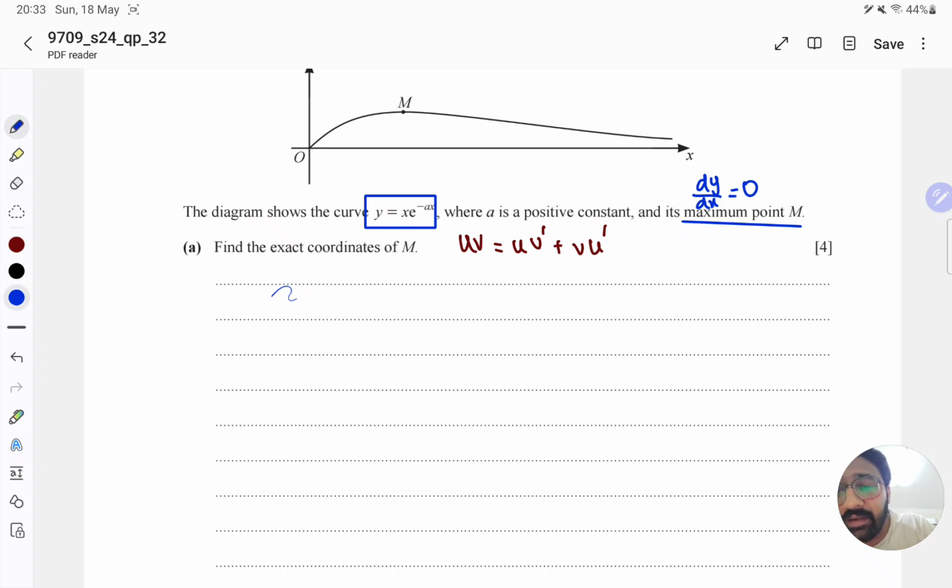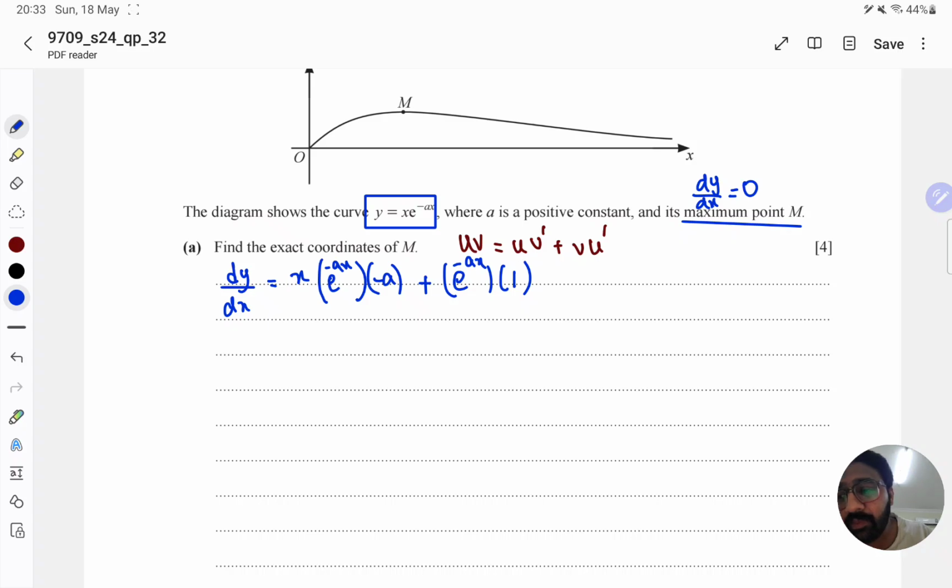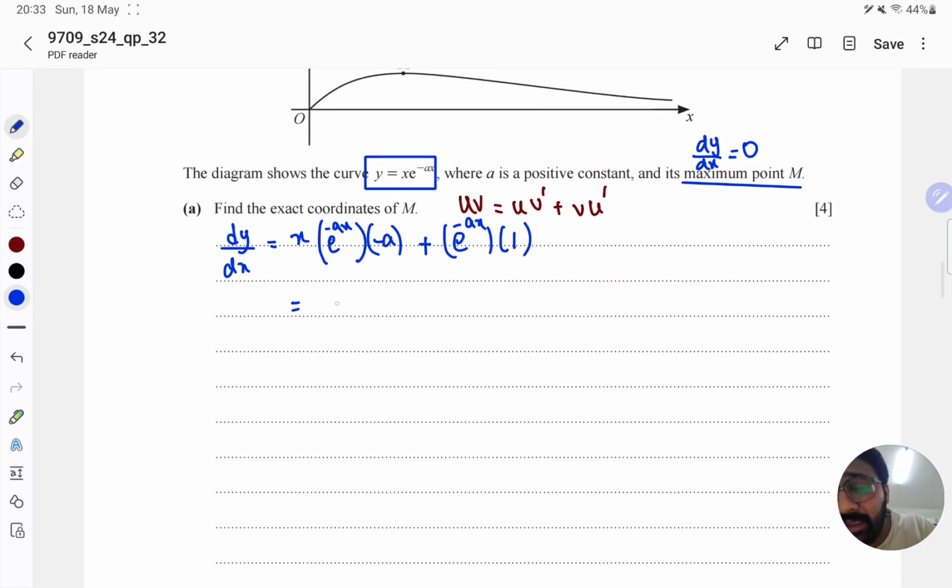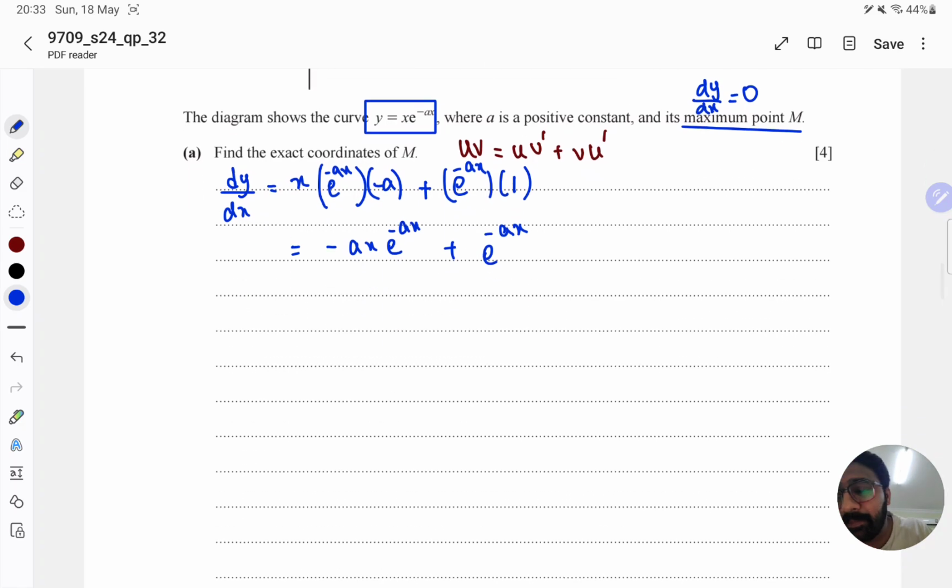So if I find dy by dx for this, it will be u as it is, which means x as it is, into the differentiation of e raised to the power of minus ax, e raised to the power of minus ax as it is, into the differentiation of the power, which is minus a, plus e raised to the power of minus ax as it is, into the differentiation of x, which is 1. So if I further simplify, it will be minus ax e raised to the power of minus ax plus e raised to the power of minus ax.